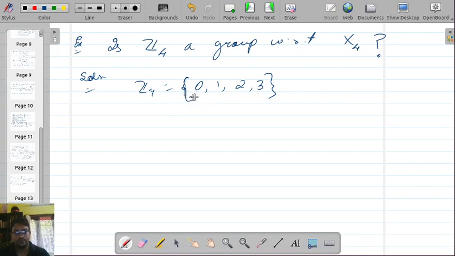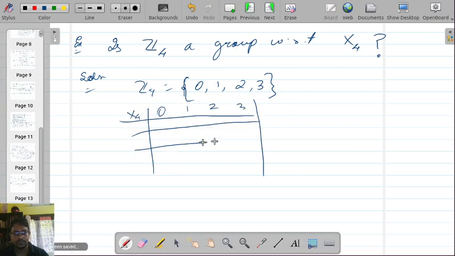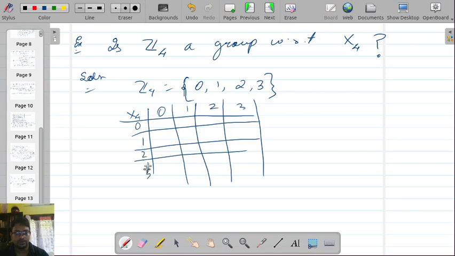So here, is it a group with respect to multiplication modulo 4? If we just construct the table here, multiplication modulo 4, with 0, 1, 2, 3: 0 into 0 is 0, 0 into 1 is again 0, 0 into 2 is 0, 0 into 3 is 0. So from the first row itself, you can see it's not working out, right?